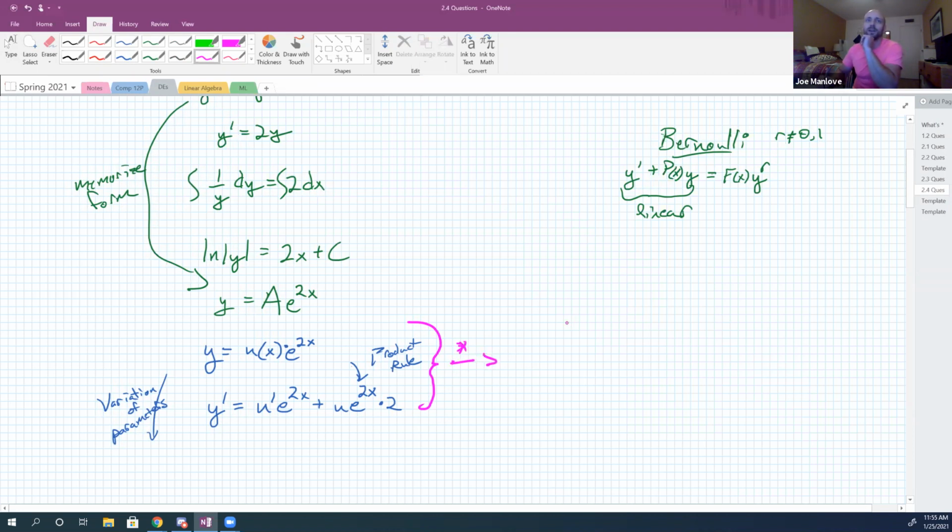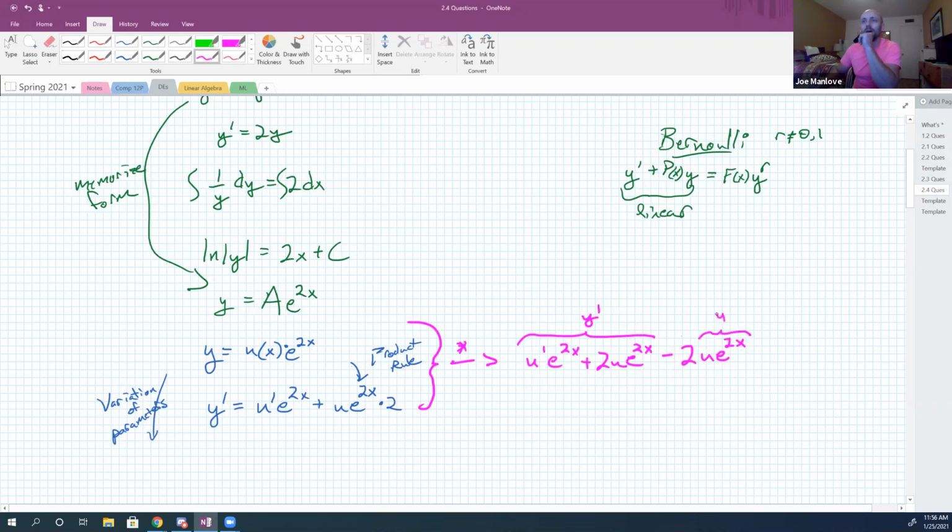And so that's going to become u prime e to the 2x plus 2u e to the 2x. So that's my y prime. Minus 2, and then I have u e to the 2x. So all this stuff was y prime.